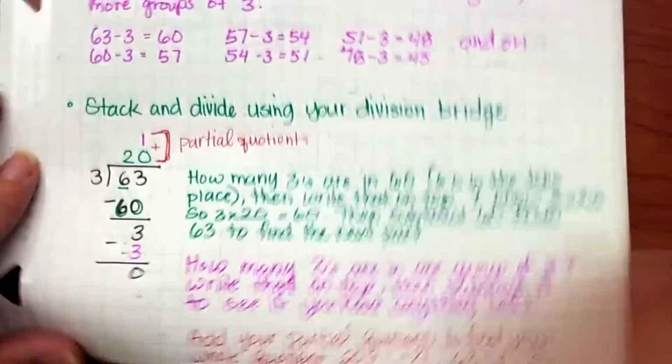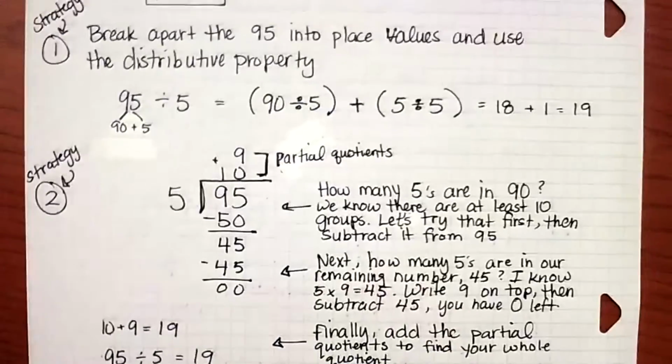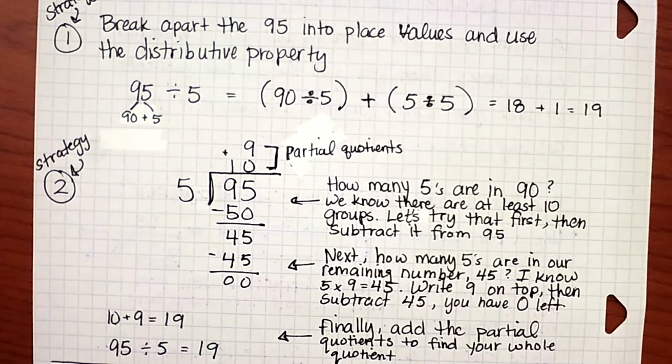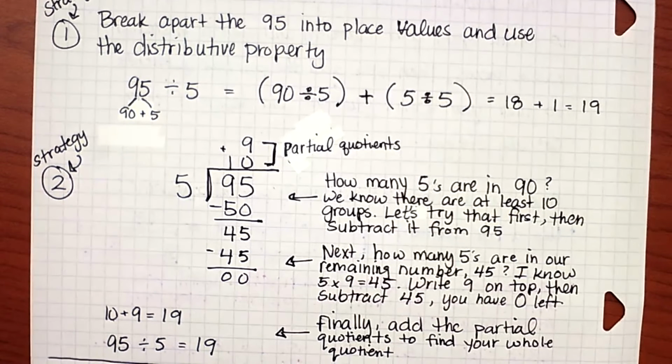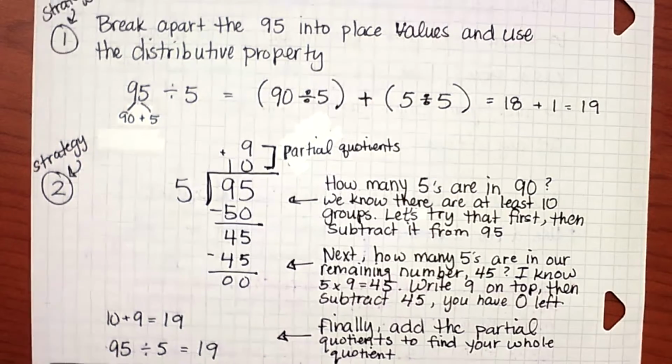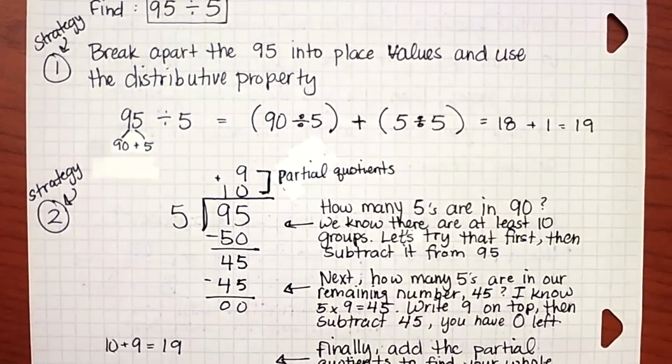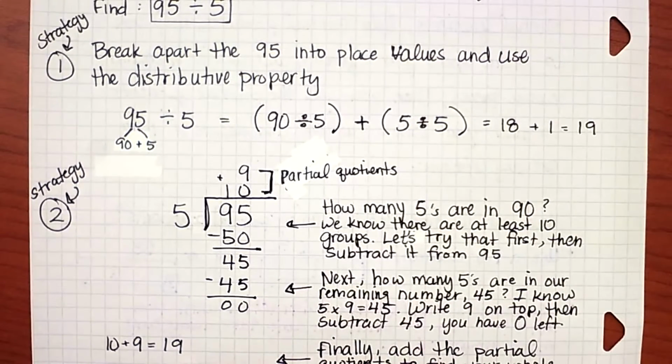Let's go ahead and take a look at another example of how to use partial quotients. So one way you could do it is you could break it into its place values by using the distributive property. That's one strategy.